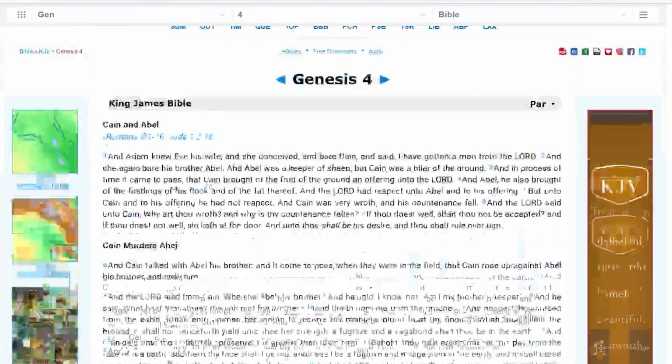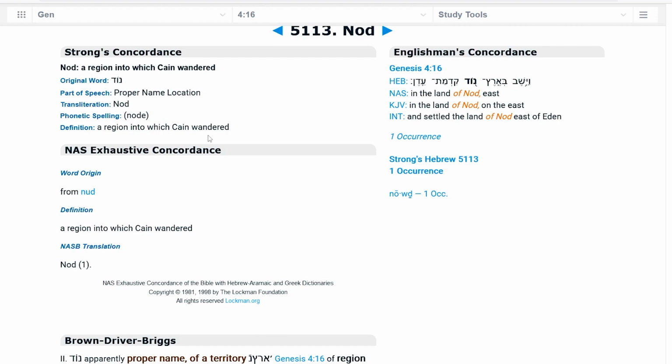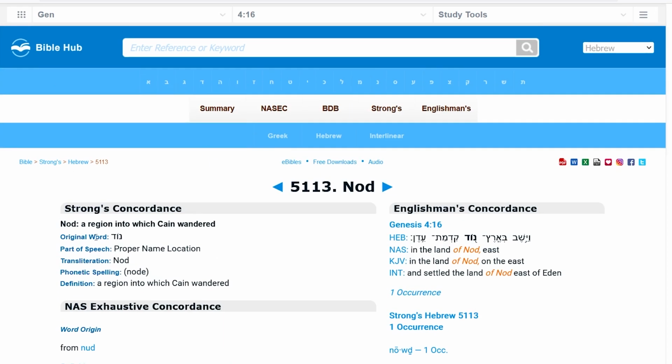Go to 4, and let's go. Okay, look, this is a crazy one. He dwelt in the land of Nod. Where's Nod? Here's what I found. If you go to Nod, you click on the word in the Hebrew, a region to which Cain wandered.